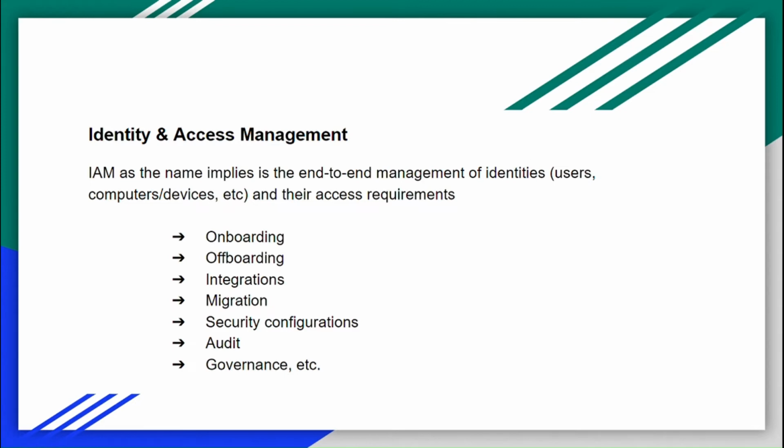So these are a few examples of security configurations. There are way more security configurations and solutions available. Just to give you a briefing on what exactly we mean by security configurations: these are identity security settings and configurations that you could do in an IAM product.